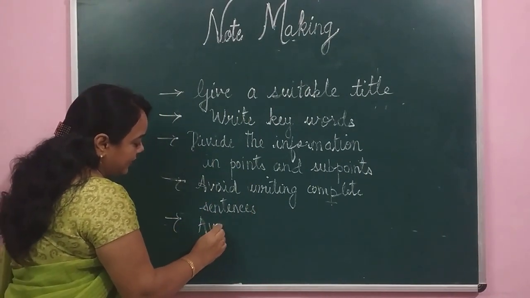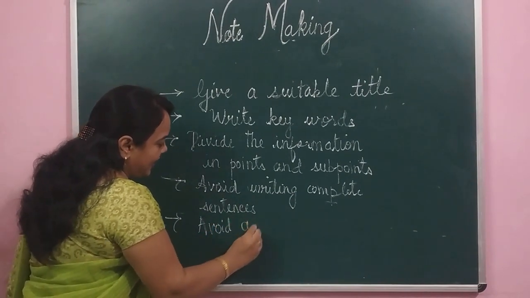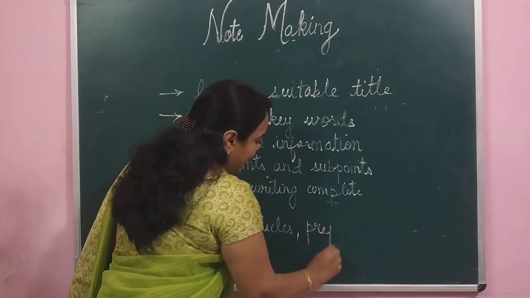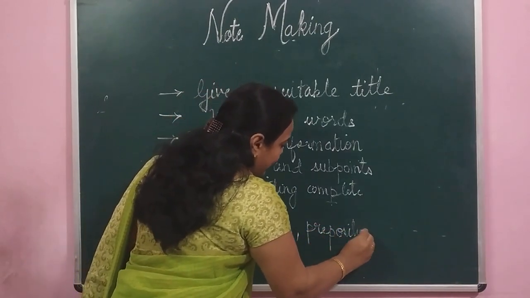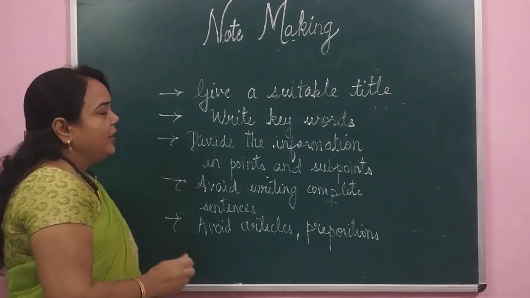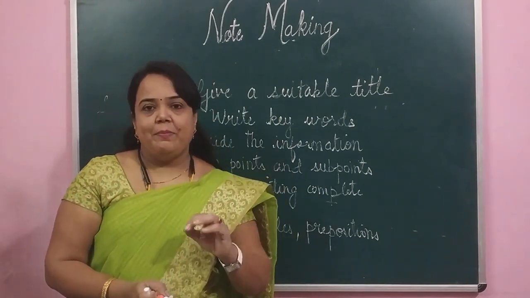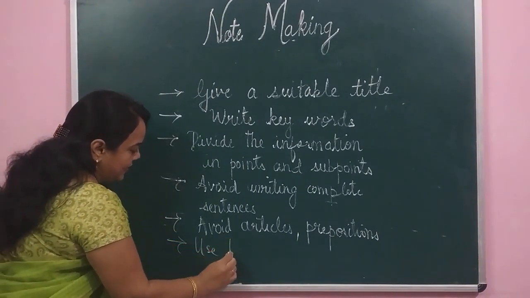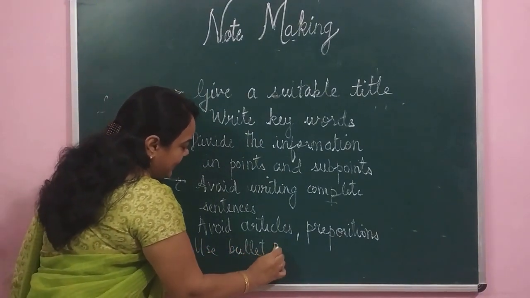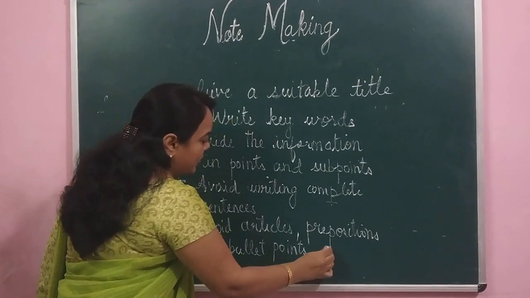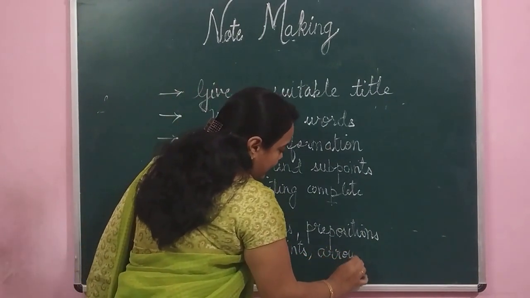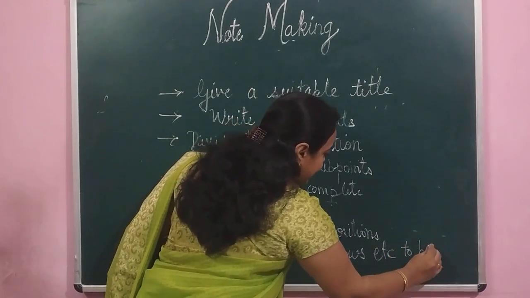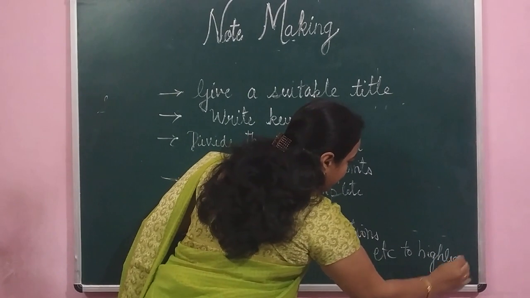Avoid articles, prepositions, etc. And always remember, you can use bullet points, then arrows, etc. to highlight the subpoints.